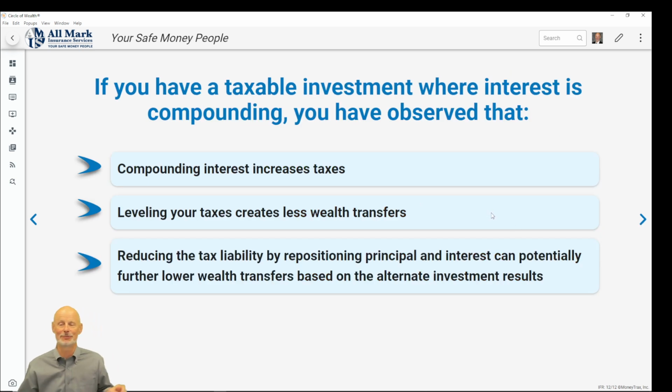If you have a taxable investment where interest is compounding, you have observed that compounding interest increases taxes. Leveling your taxes creates less wealth transfer. Reducing the tax liability by repositioning principal and interest can potentially further lower wealth transfers based on alternative investments.